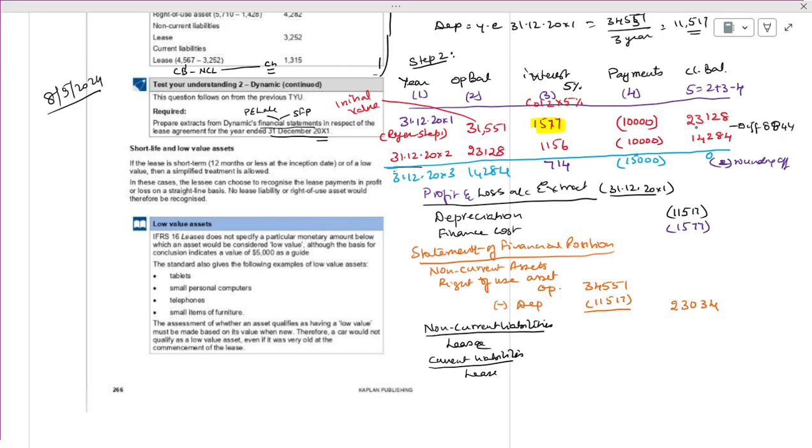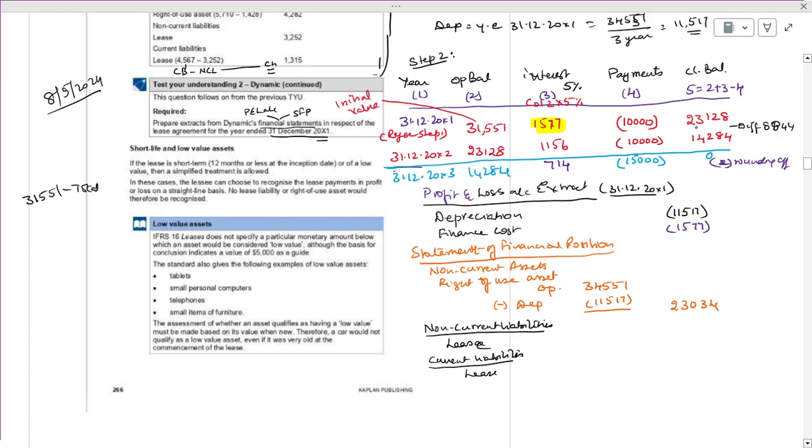See the things. 34,551 minus... no. Okay, 31,551. This is the total lease liability. Is it right?